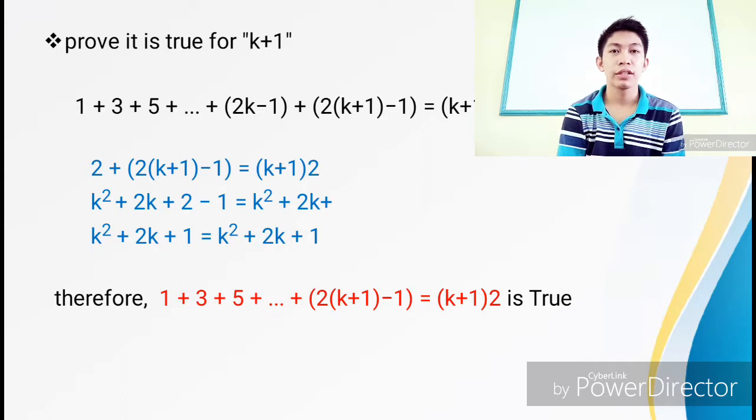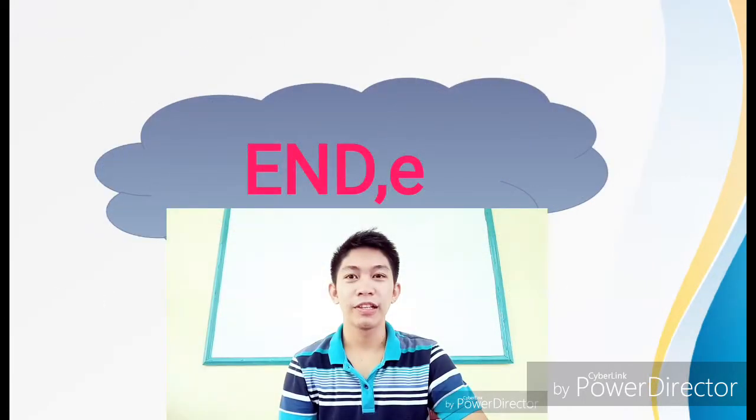Solving it, k squared plus 2k plus 2 minus 1 equals k squared plus 2k plus 1. And k squared plus 2k plus 1 equals k squared plus 2k plus 1. True. Therefore, 1 plus 3 plus 5 plus up to 2 times (k plus 1) minus 1 equals (k plus 1) squared is true.